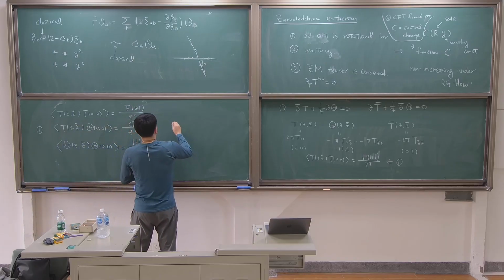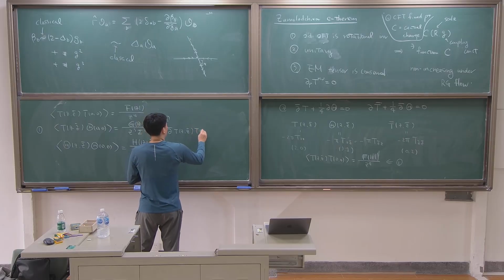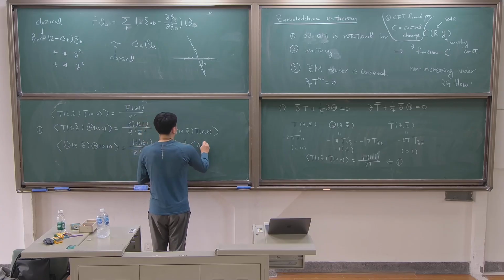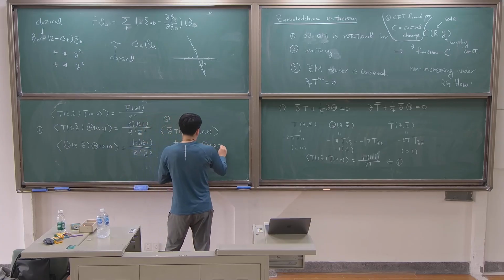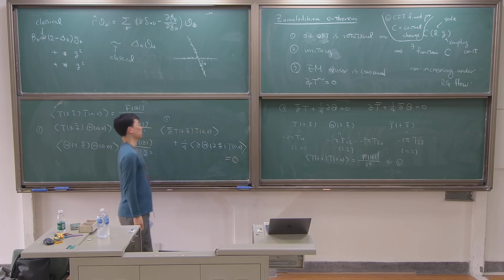Also, assumption 3 will tell you that the dou bar dz equals 0, like this.